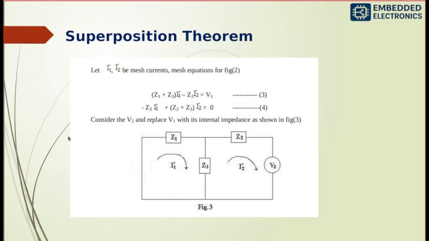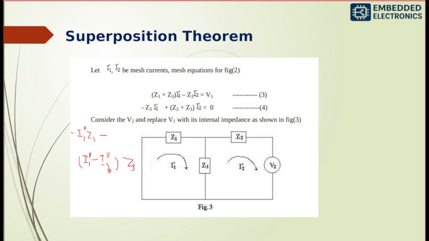Now you need to apply KVL for this, then it will become minus I1 dash into Z1 minus I1, sorry, this is not dash, it is double dash, I1 double dash minus I2 double dash of Z3 equals 0.